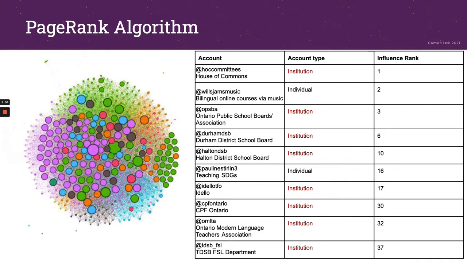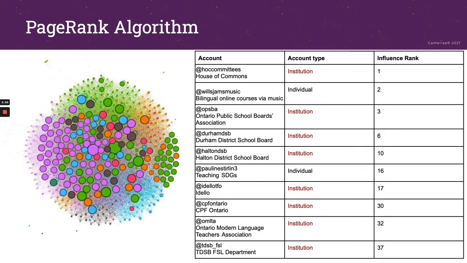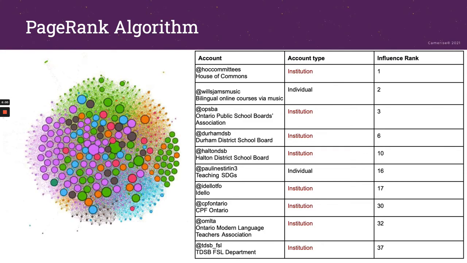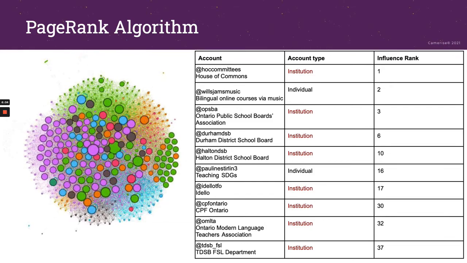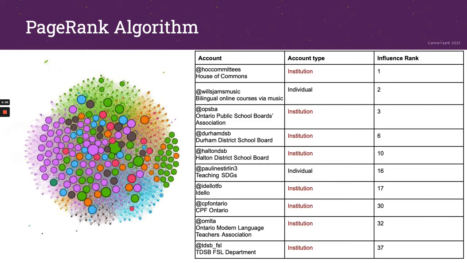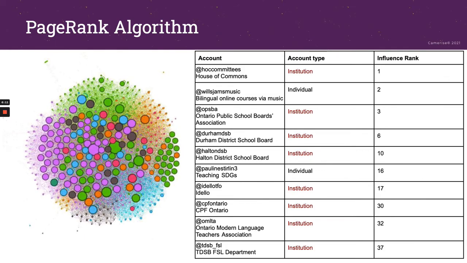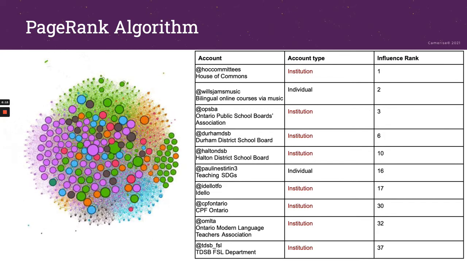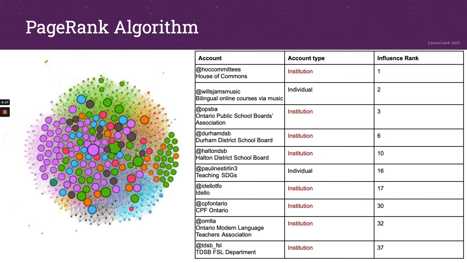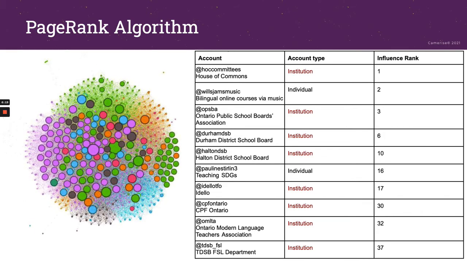The reasoning behind the PageRank algorithm would tell you that it's actually not the number of followers that make a profile popular, but instead influence is measured by how important those followers are. It was also not entirely surprising, however, to discover that approximately 70% of the top 50 influential accounts are institutional, where only 30% are individual profiles.